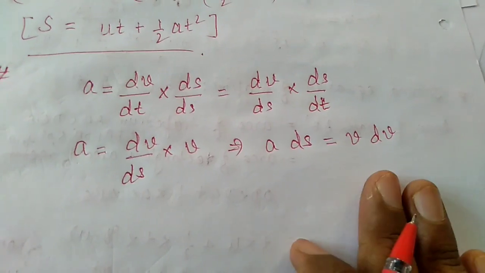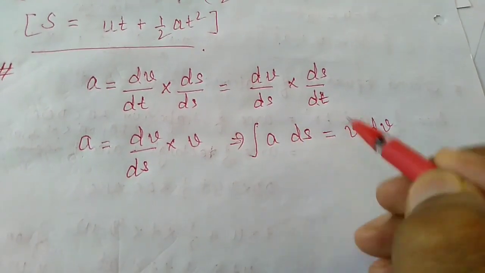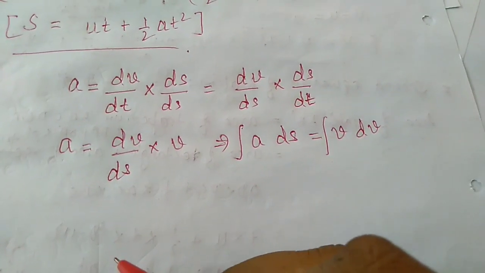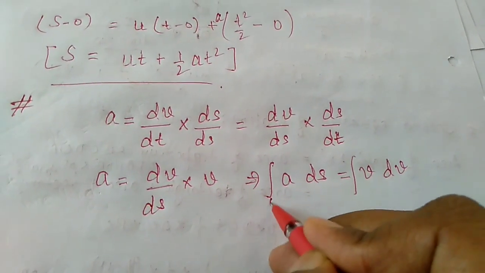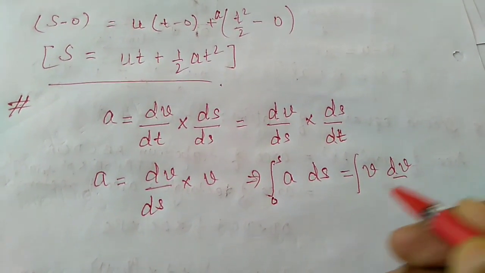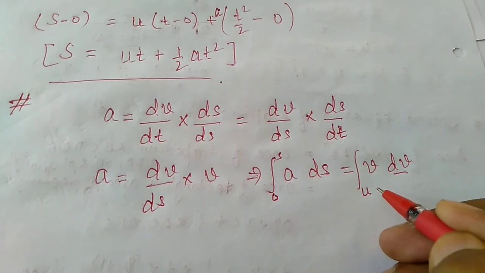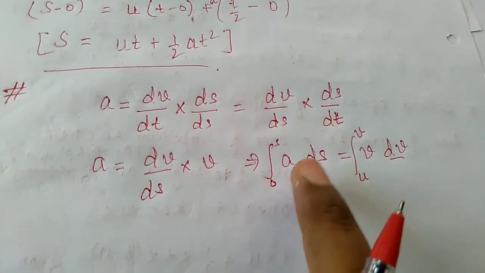Now let's integrate it. On integrating, we have to put the limits. So ds starts from 0 to s. The function is velocity, so velocity moves from initial u to final v.